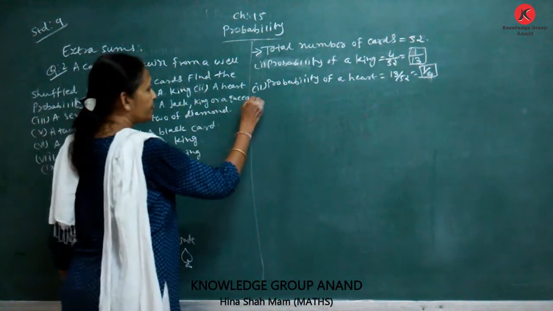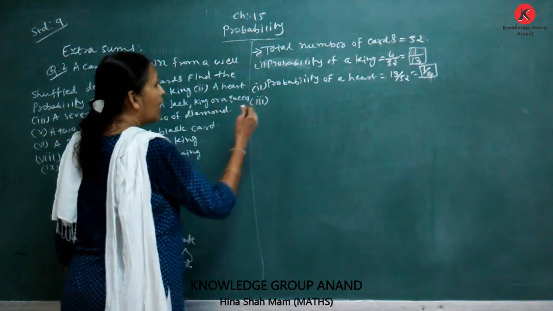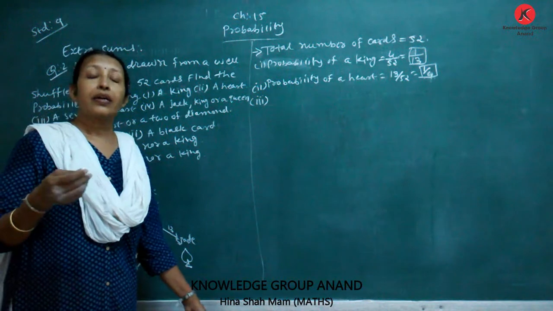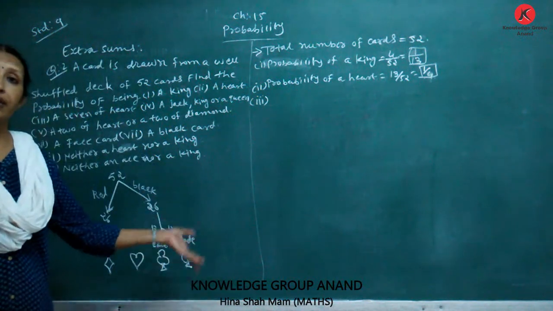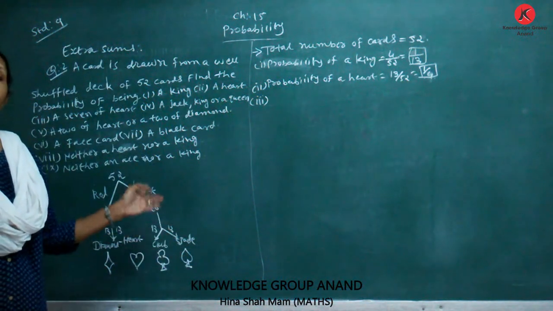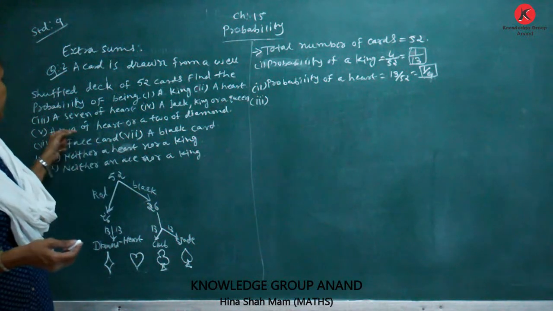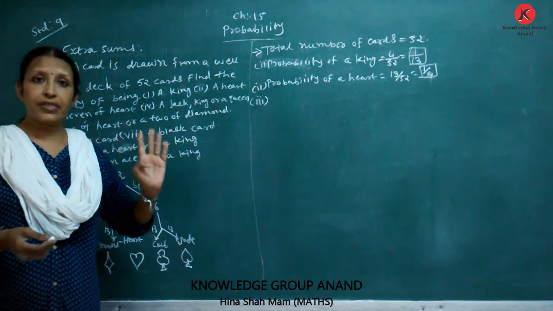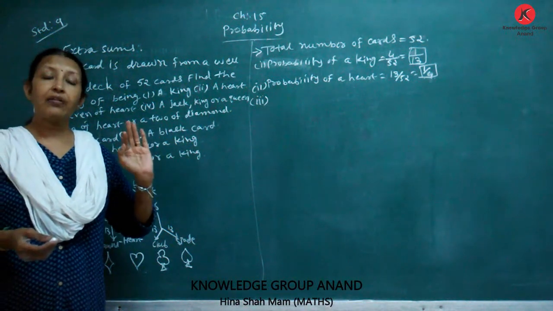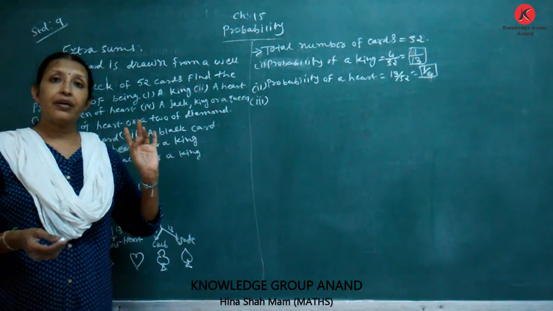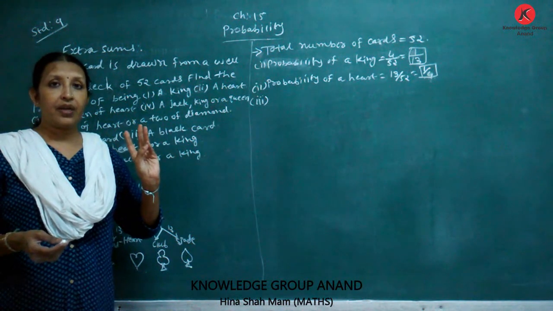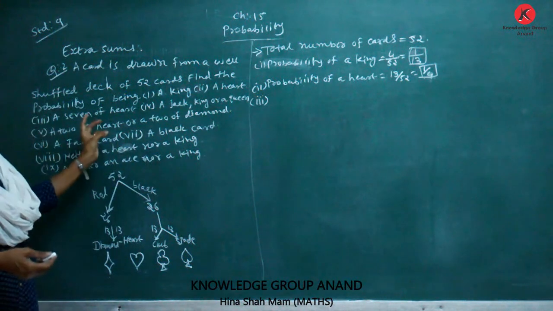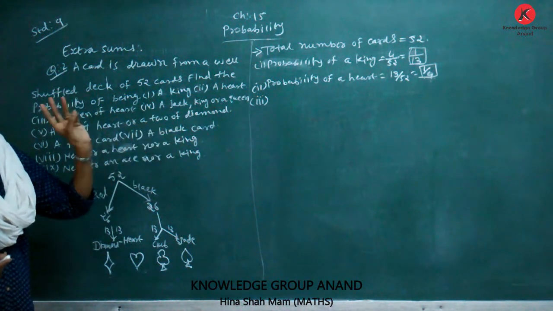Number 3. In all flavors, heart has 13 cards, diamond 13, club 13, and spade 13. A 7 of heart. How many 7s? 4 sevens: 7 of heart, 7 of diamond, 7 of club, and 7 of spade.